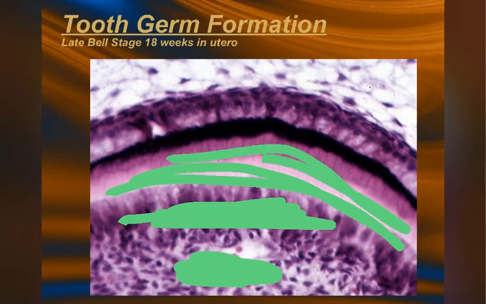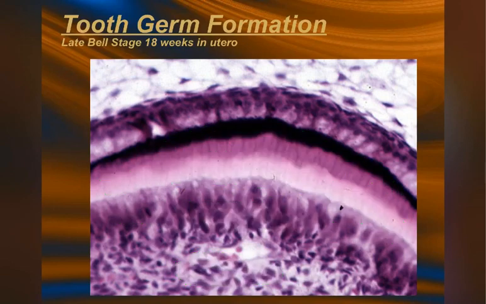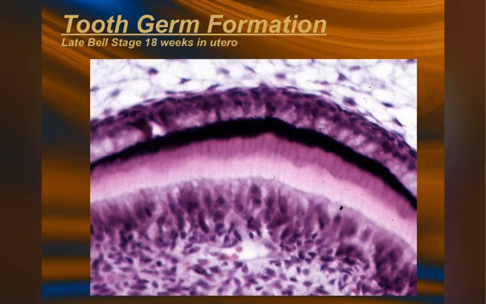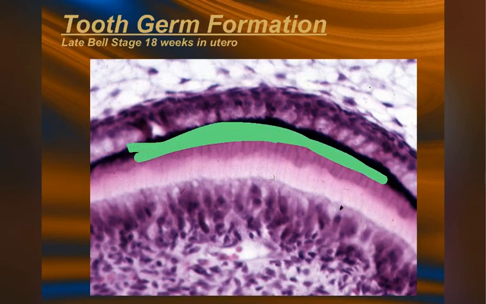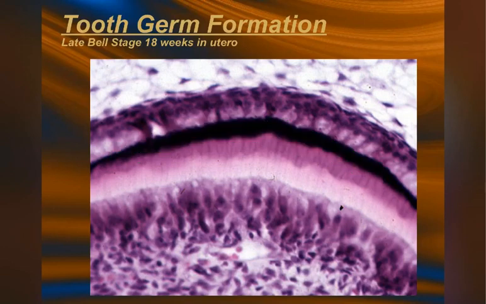Predentine, dentine, enamel, which is immature enamel at this stage, because mature enamel appears as space in decalcified sections. This is immature enamel, appears dark. It has 25 to 30% organic material, which is enough to maintain the tissue after decalcification.